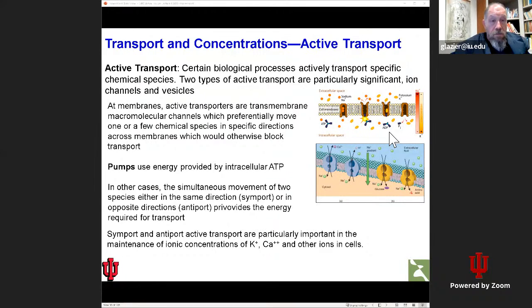They can act as water pumps. They can do what's called antiport, where one particular molecule, in this case calcium, moves out, and whenever one calcium goes out, a sodium comes in. You can do symport. Here, one molecule of sodium comes in, and that brings one molecule of glucose in. And so there are a variety of kinds of pumps. And those pumps can depend on things like ATP, the energy currency of the cell.